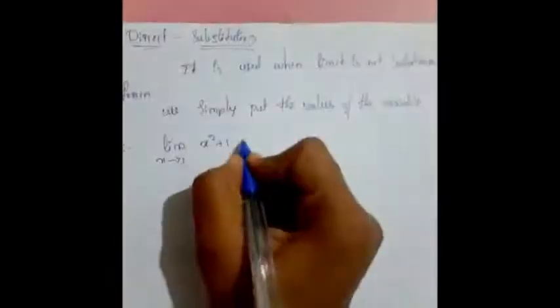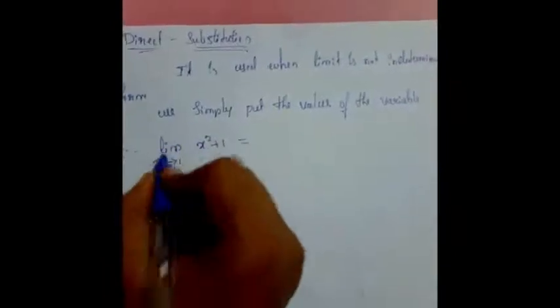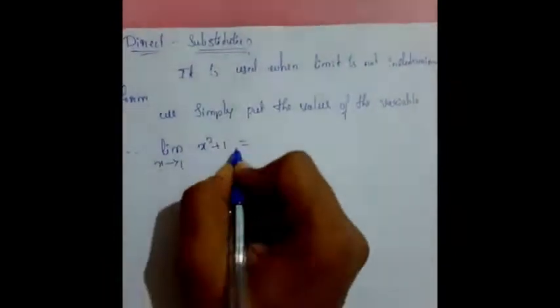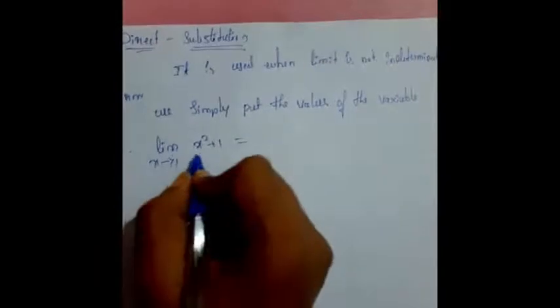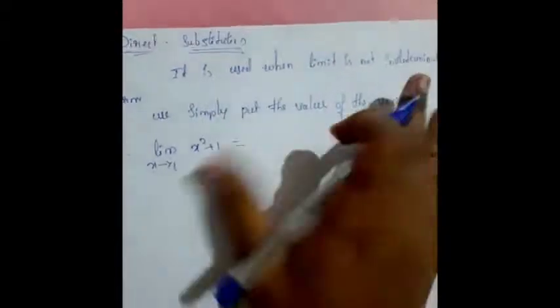Compulsorily you have to write limit x tends to 1 of x square plus 1. After you put x equal to 1, don't write limit again. If you write the limit again, you may lose marks.